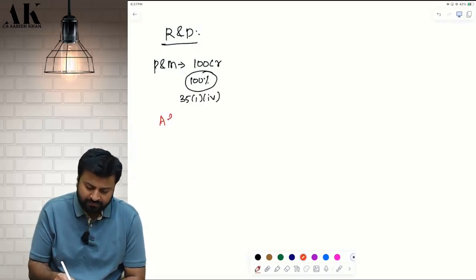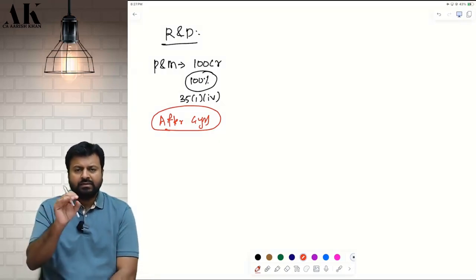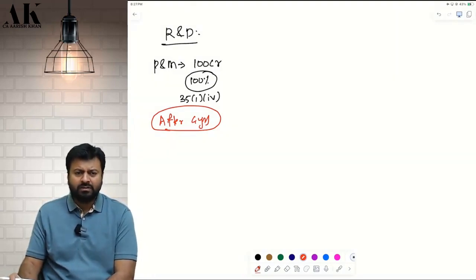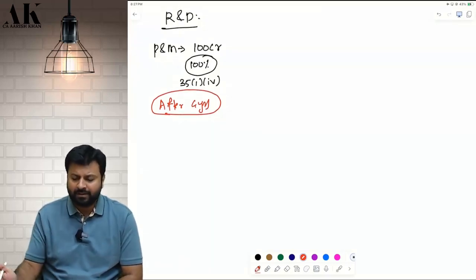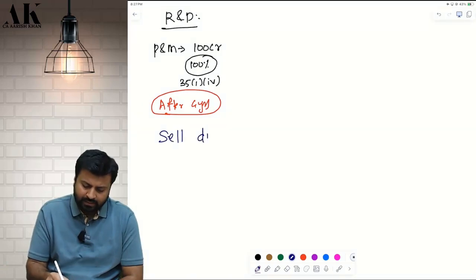Now, after say 4 or 5 years, this machinery is not that effective to be used in the R&D department. So what can I do? I can do two things. First, I can sell directly.